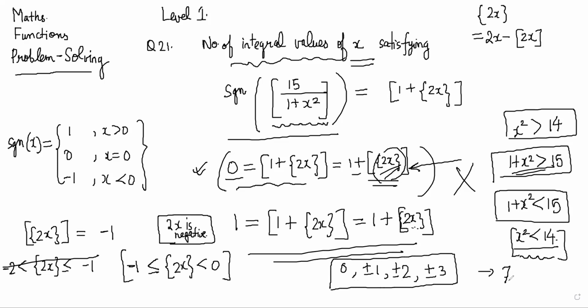So these are 7 total. Yeah, 7 integral values are there. So actually you have to focus on this part of the question to finally solve it. Integral values of x, so the fractional part will be 0. Okay.